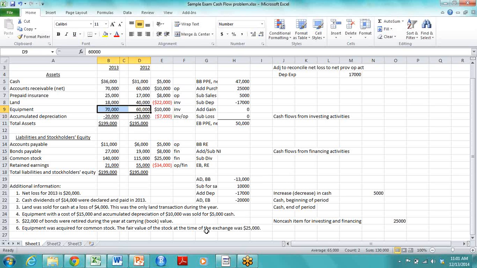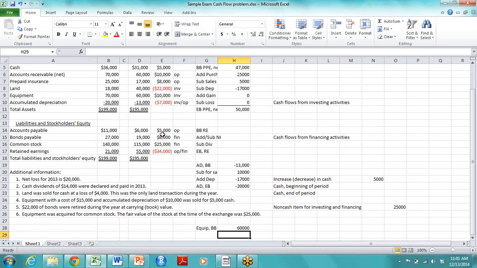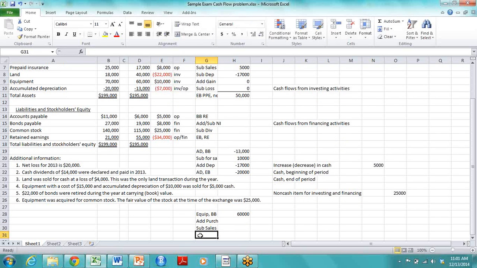What I would do is take my PP&E, or equipment, beginning balance, which is 60, right? It says it right here. I would add purchases, subtract sales, and I would take my equipment.